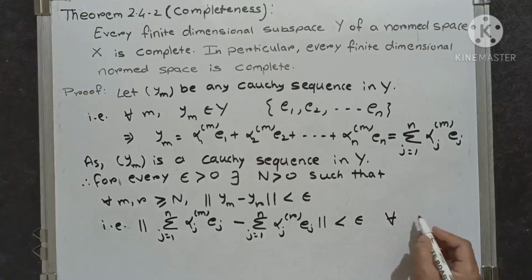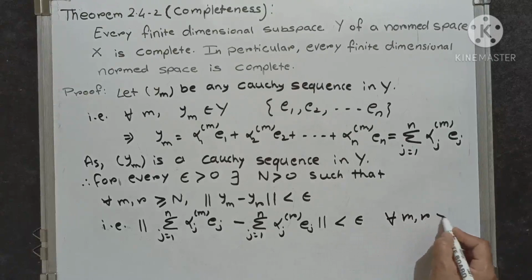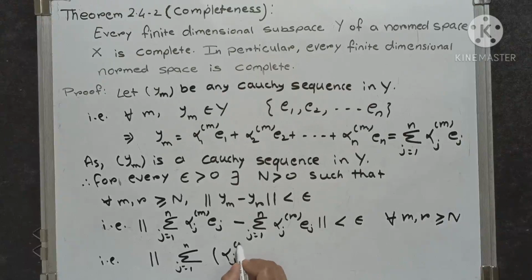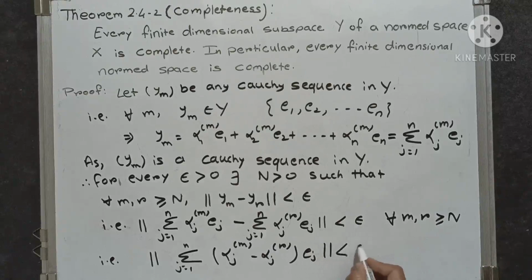Again it is true for all m, r greater than or equal to N. That is, norm of summation j from 1 to n, in bracket alpha_jm minus alpha_jr into e_j, it is less than epsilon for all m, r greater than or equal to N.